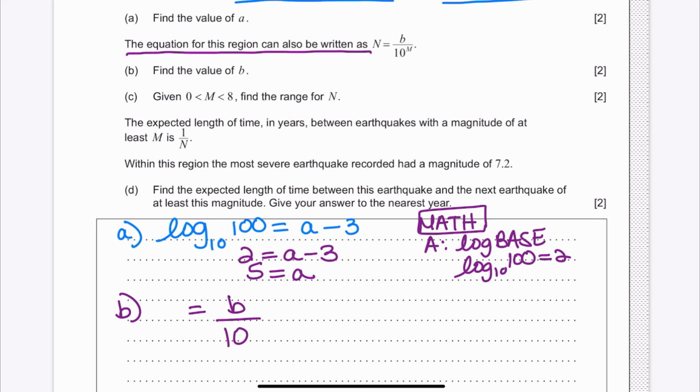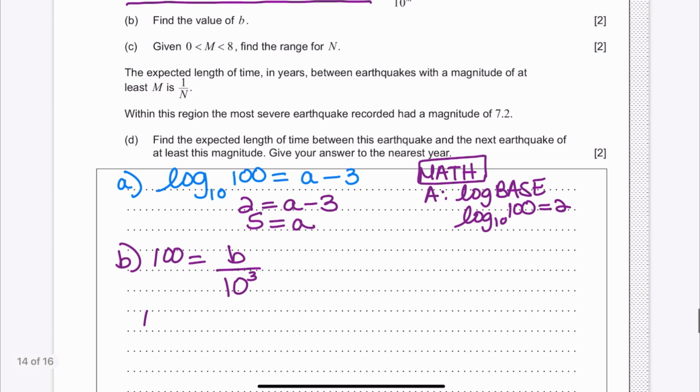So I'm going to write down 100 is equal to B divided by 10 to the 3rd power. So now take your calculator, do 100 times 10 to the 3rd power, and that's going to give you 100,000 is equal to B, and that's going to give you your 2 points.